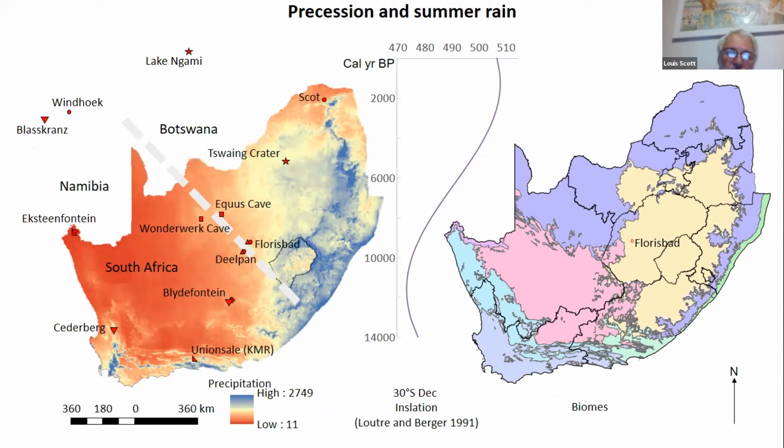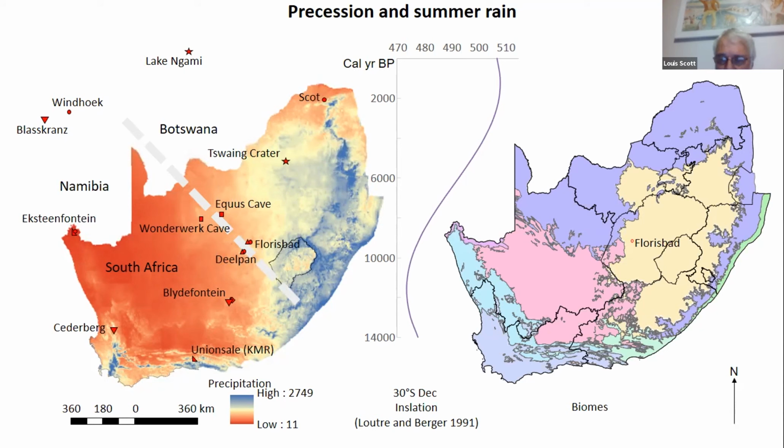You can actually see how that diagonal pattern is reflected in biomes. So I think eventually, by having more and more of those sequences, we will be able to reconstruct the mechanisms of the climate change much better.